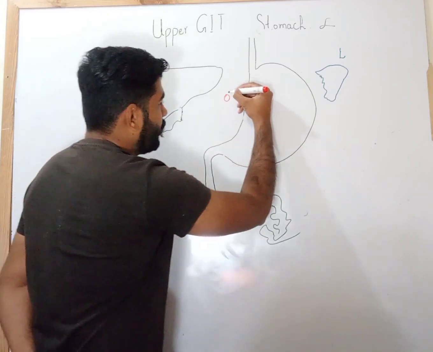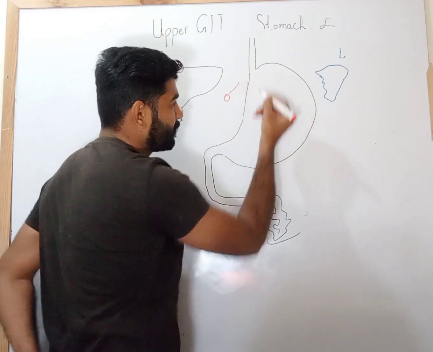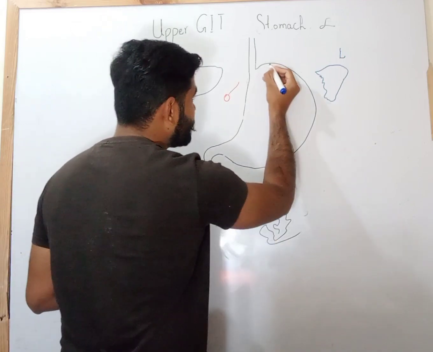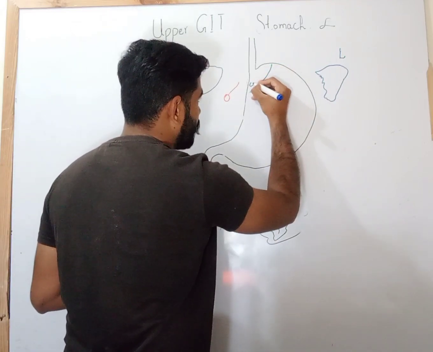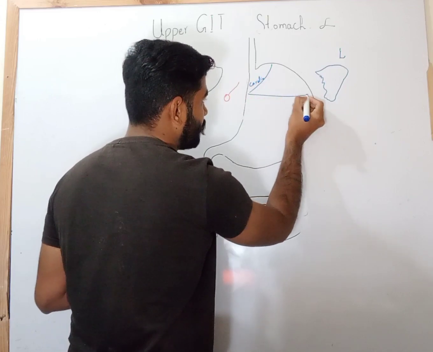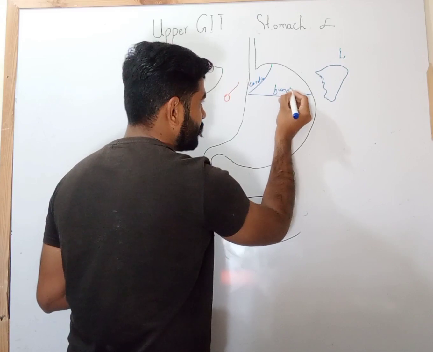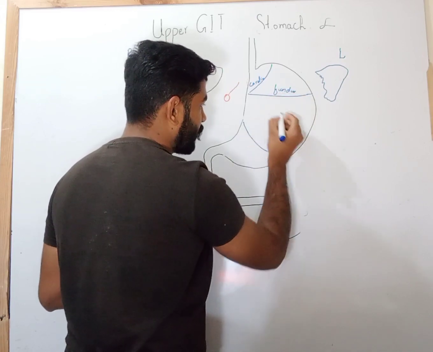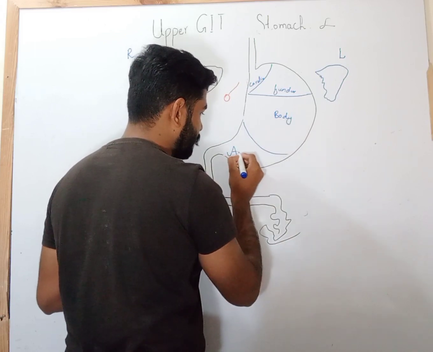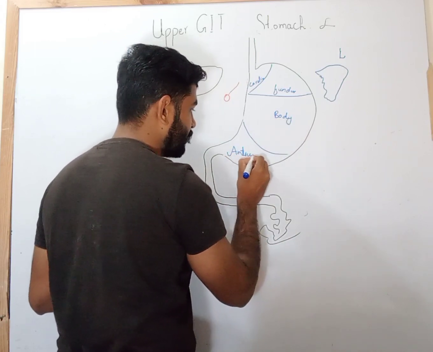Now left gastric artery, we will discuss the parts of the stomach, then it will be easily appreciated. This is the cardia, this part is the fundus, this is the body of the stomach, then that is the antrum of the stomach.